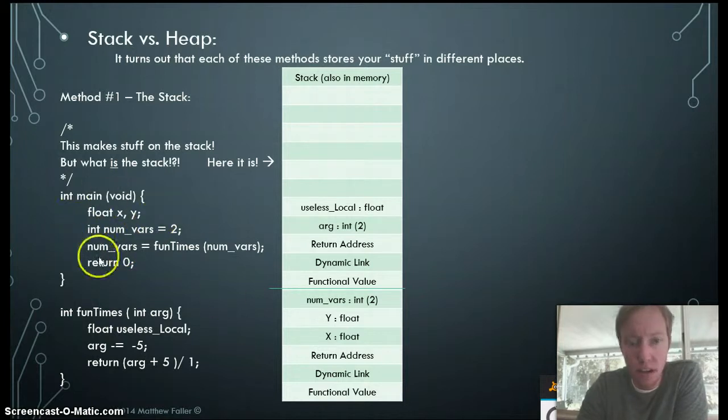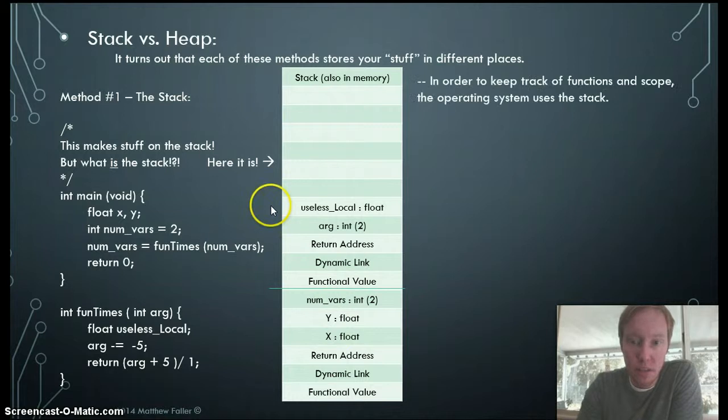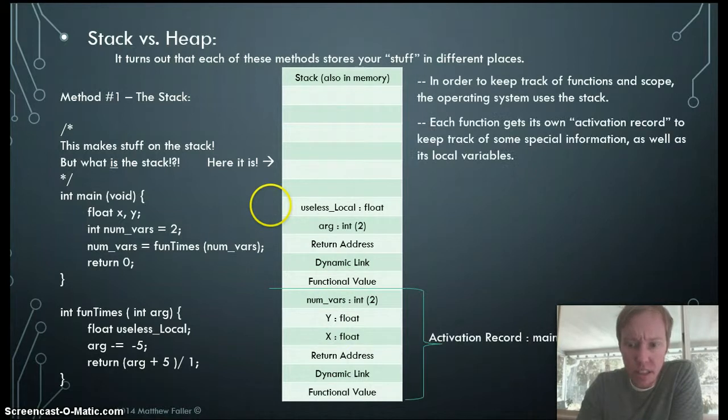As you see here, we have main, and this is its activation record here, and it has some stuff that the operating system uses, like maybe a return address or dynamic link, functional value, that sort of thing. It'll vary from system to system and programming language to programming language. So we see its locals, x and y, and numvars are on here. And then the funTimes function is also going to get its own activation record.